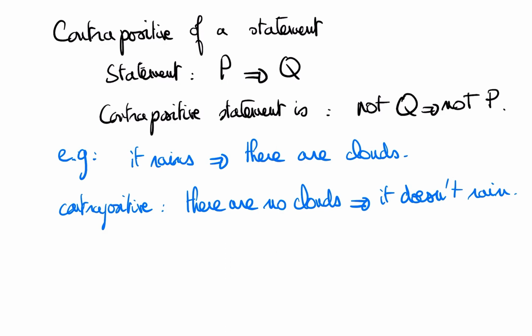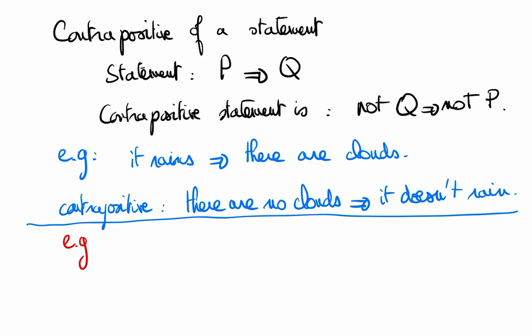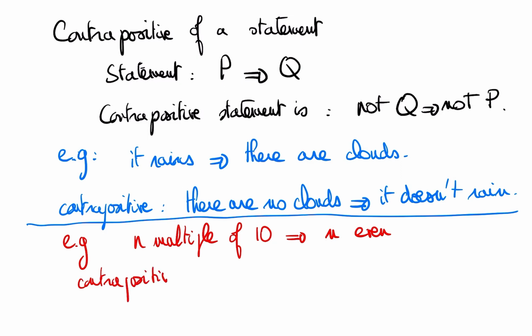Well, that's a non-mathematical example, but I could come up with a mathematical example. Well, let's come back to the one: n multiple of 10 implies n even. Okay, well, the contrapositive would be n odd implies not a multiple of 10.